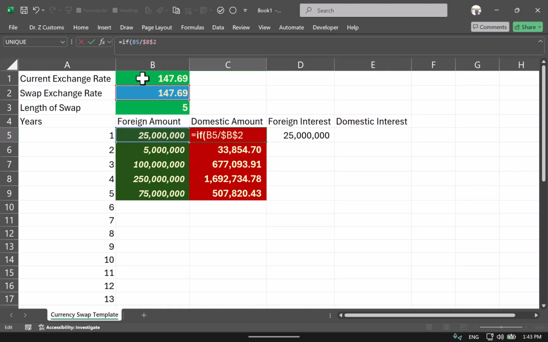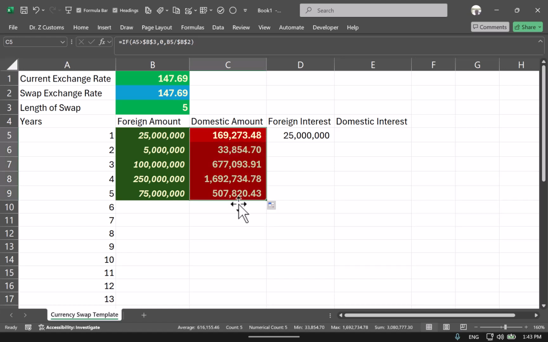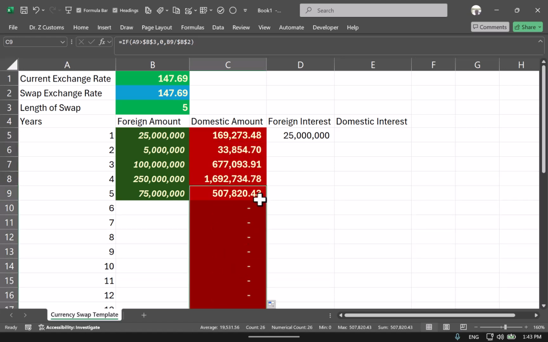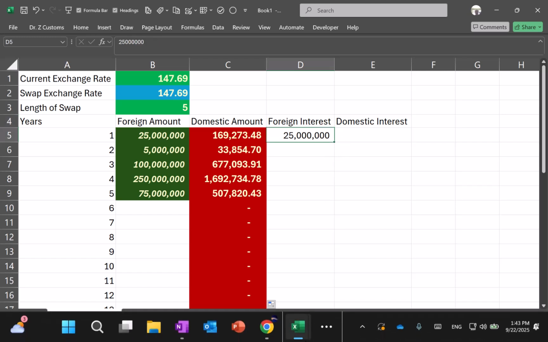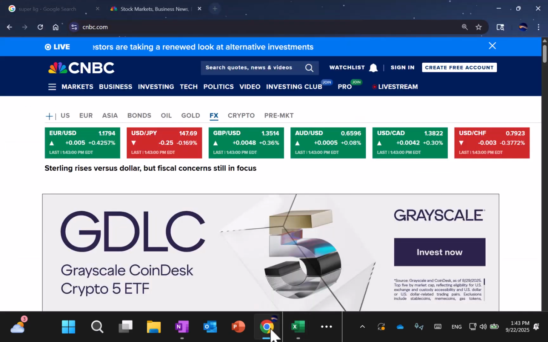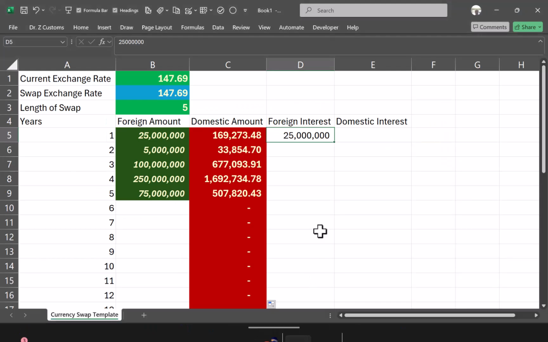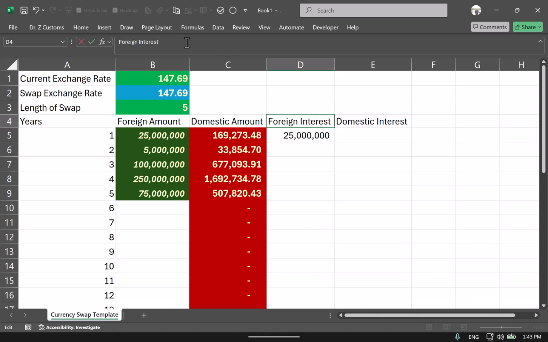If this year number is greater than length of swap, 0, let's get the foreign interest rates.